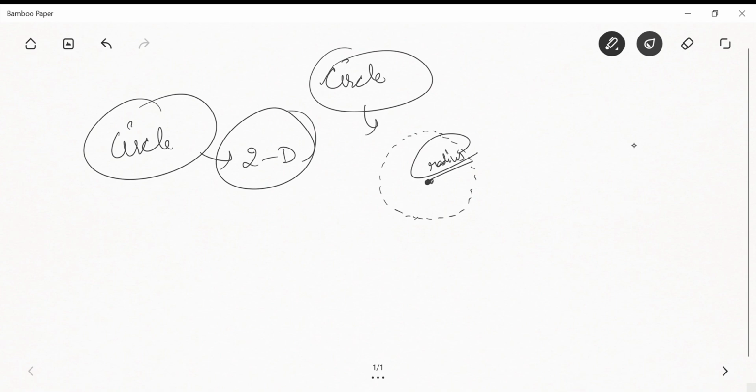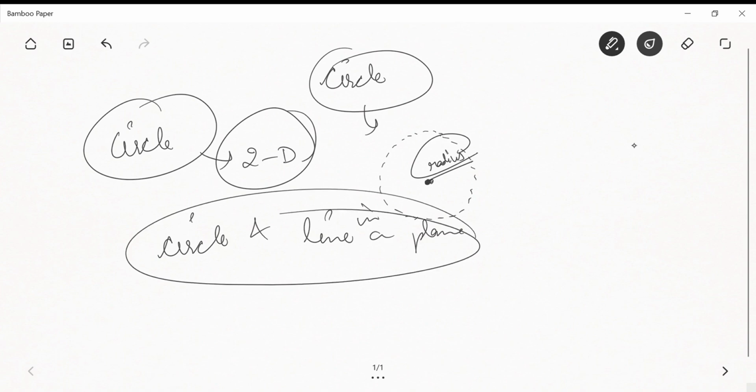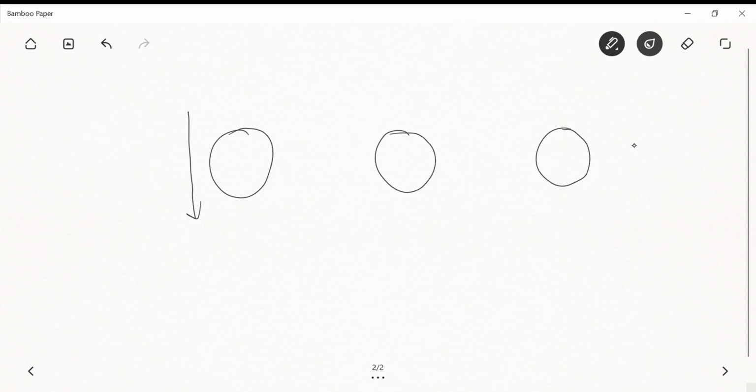Now let's move to the next part, that is circle and line in a plane. For example, we are having three types of circle and line diagram. The first line is not intersecting the circle.